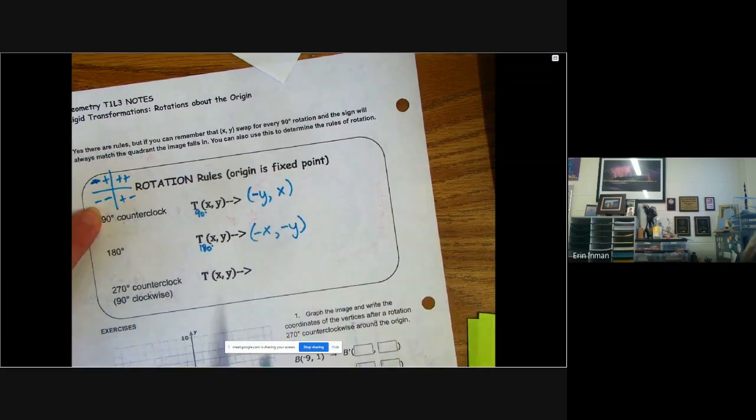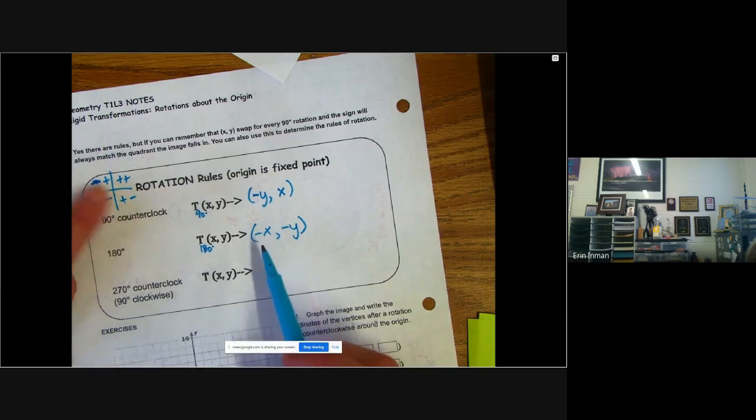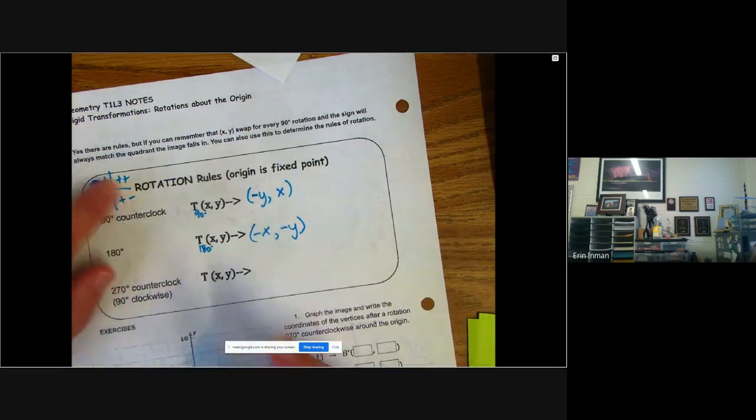Let's see if that would work. If I started in 4, the X would be positive, the Y would be negative. I'd end up in quadrant 2, because that's 2 quadrants away. The opposite of positive is negative. The opposite of negative is positive. So it does work wherever quadrant. I just say when we're creating our rules, it's probably easiest to start in quadrant 1.